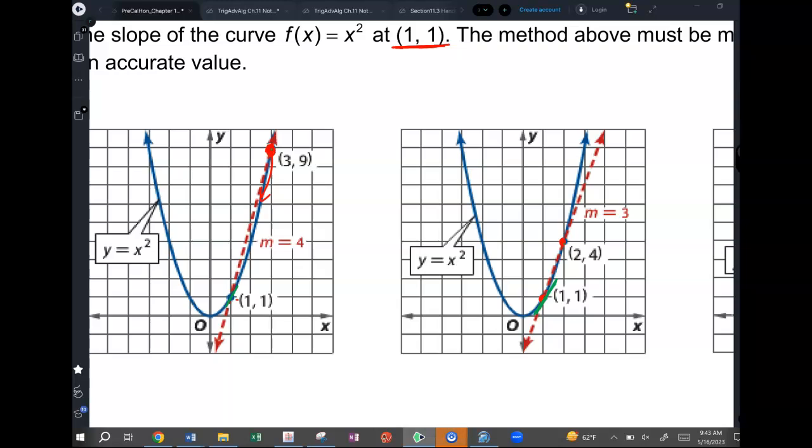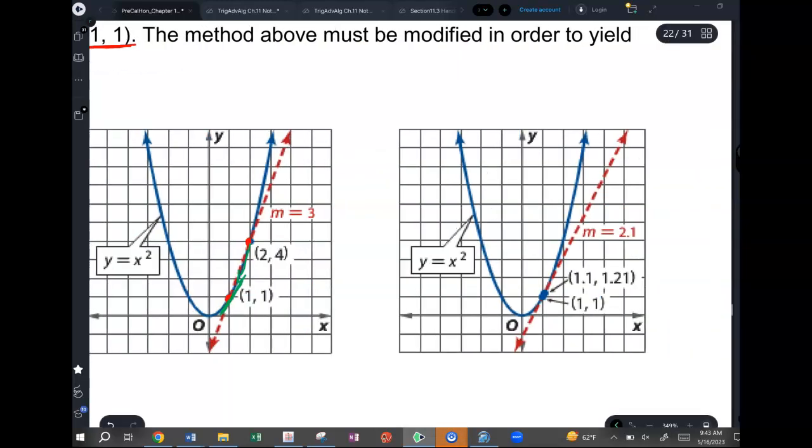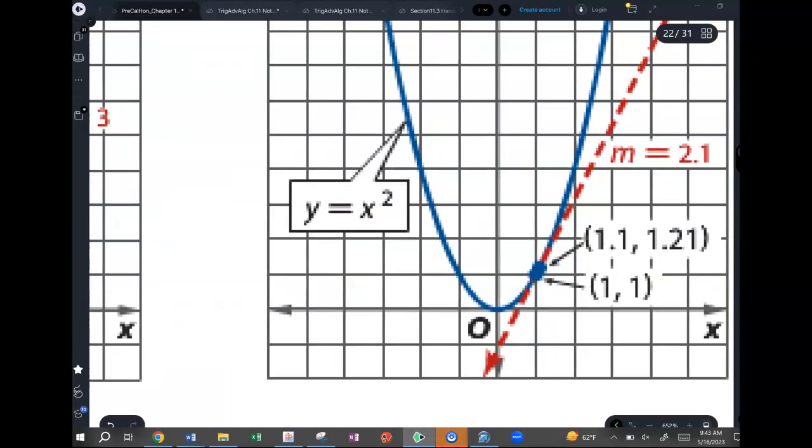So now we move this point even closer to the original one. And look, now we take these 2 points and we find the slope between them. Now if we compare it to the actual slope at that point, do you see how it becomes a much, much, much better approximation?